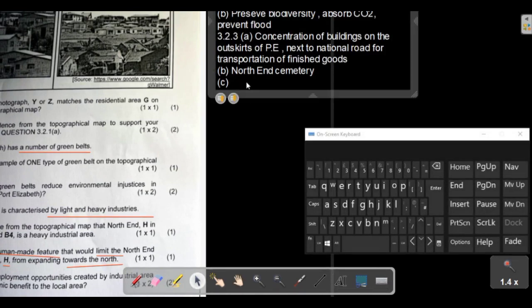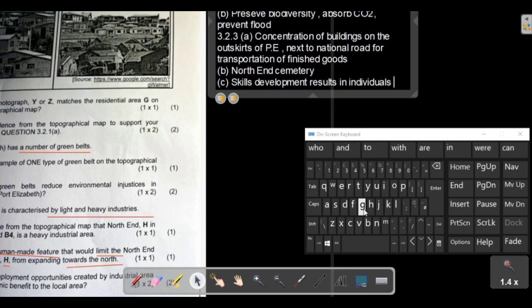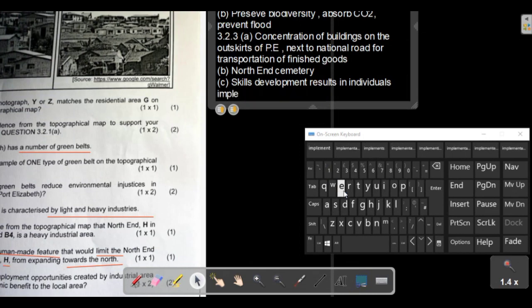So I'm going with skills development results in individuals implementing these skills in their independent businesses.